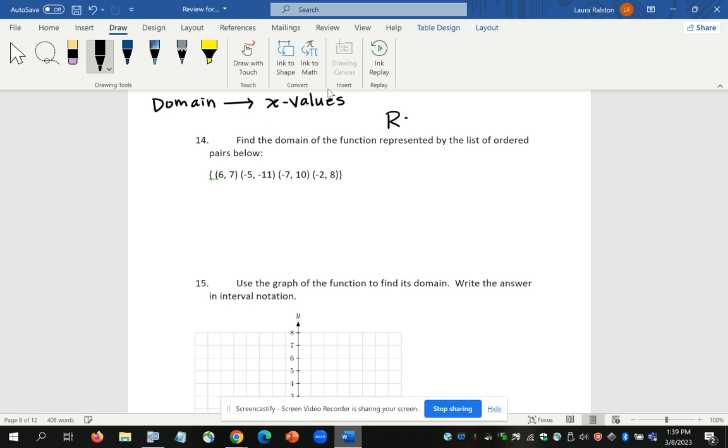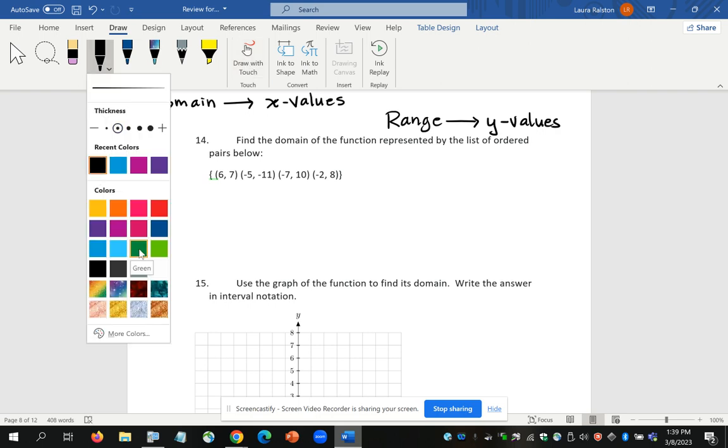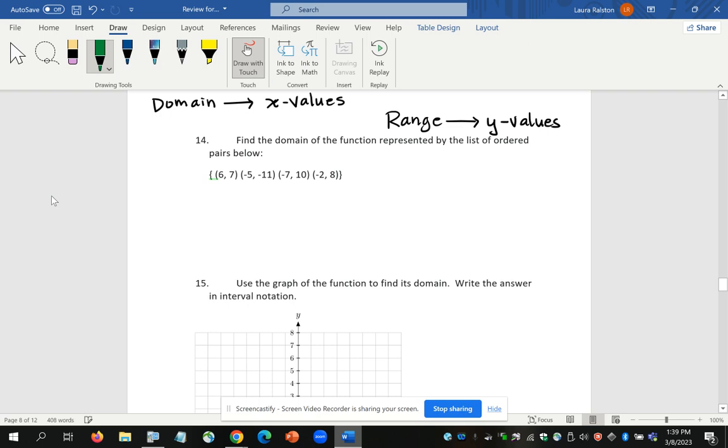The range corresponds to the y values. In this case, you're given a list of ordered pairs. So the domain is the list of the x values.